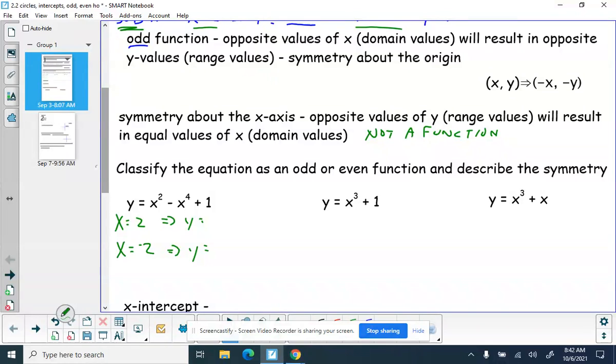Do all three of them. There's three problems there. Do all three of them. Sub in 2, sub in -2. What do you get for y values? Classify it odd, even, or neither. And describe the symmetry.